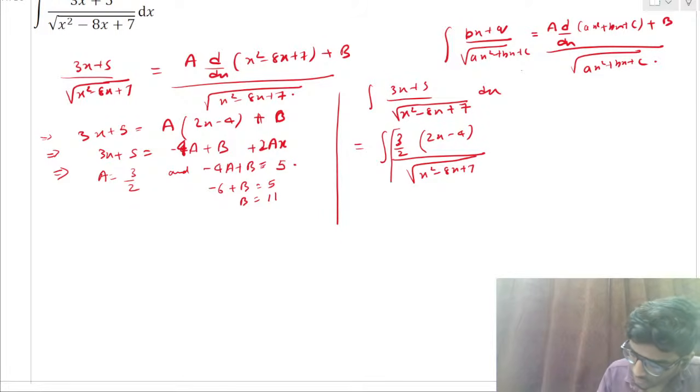We don't write it directly, first we split it, then we write. Here b is 11, upon under root x square minus 8x plus 7.